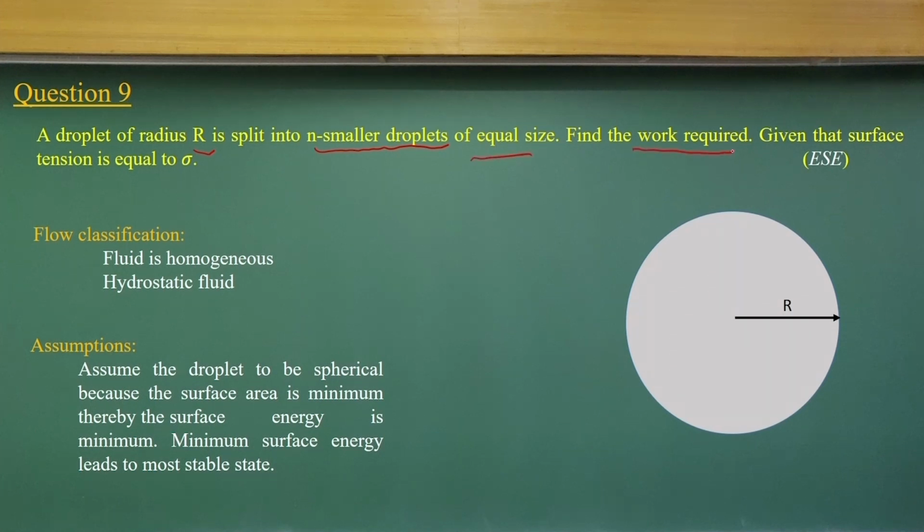Find the work required given that the surface tension is equal to sigma. So, the bigger radius r is split into n small droplets, and that goes for more surface area. As it goes for more surface area, work needs to be done against the surface tension force, which acts more as we increase the surface area. That is what we are trying to look at.